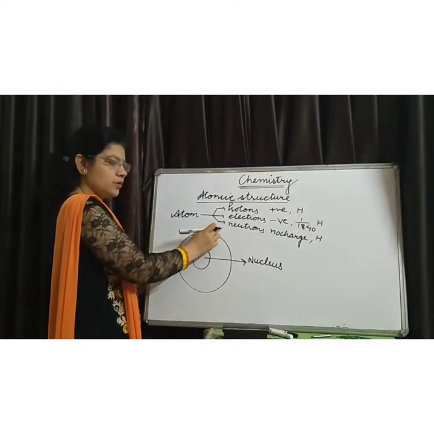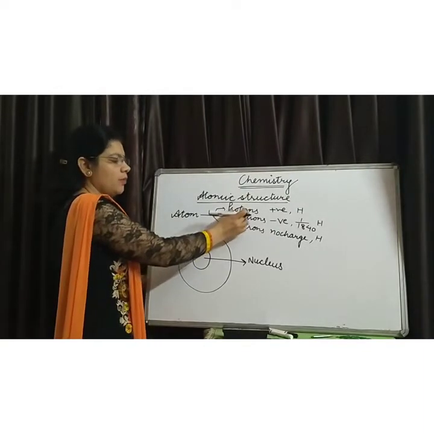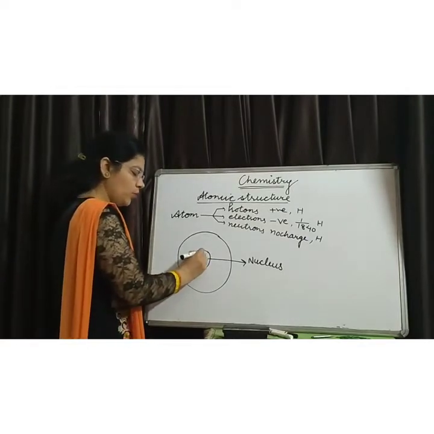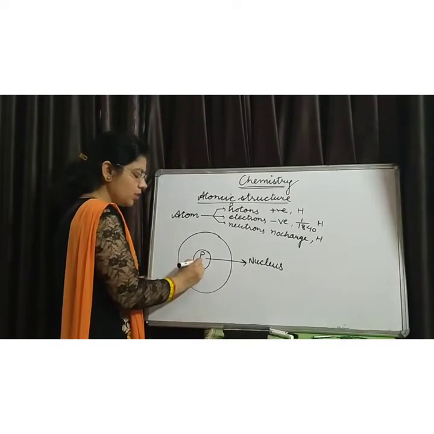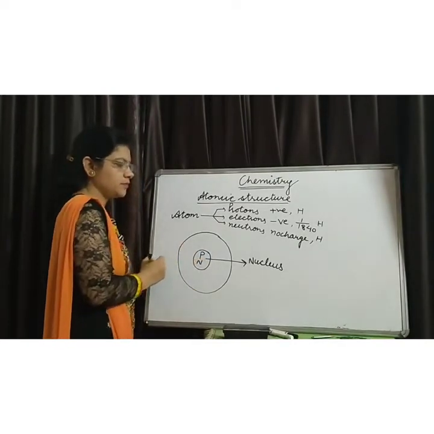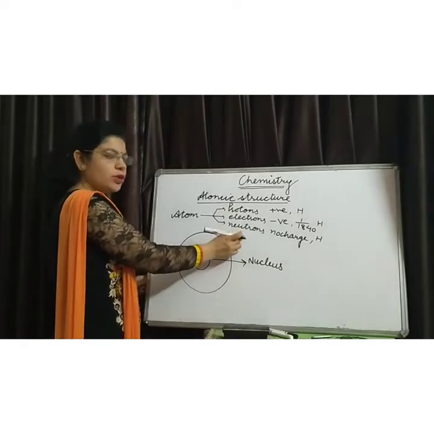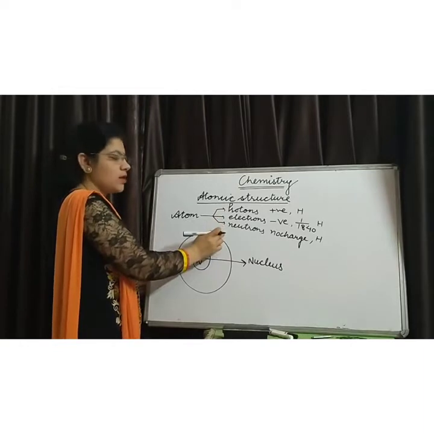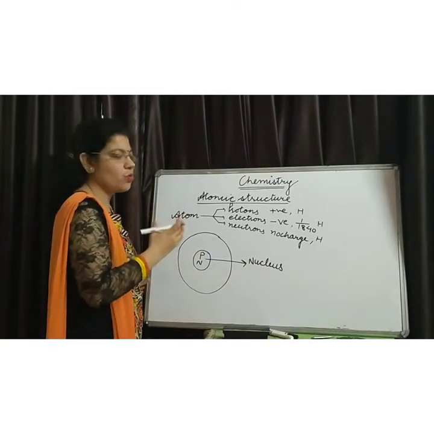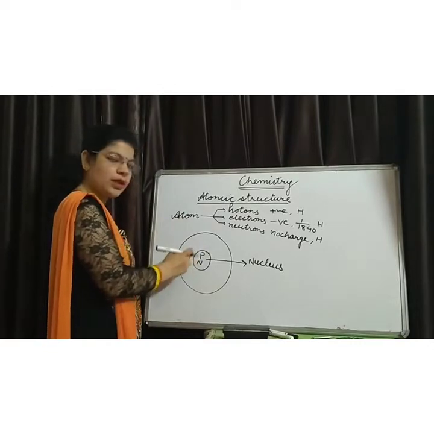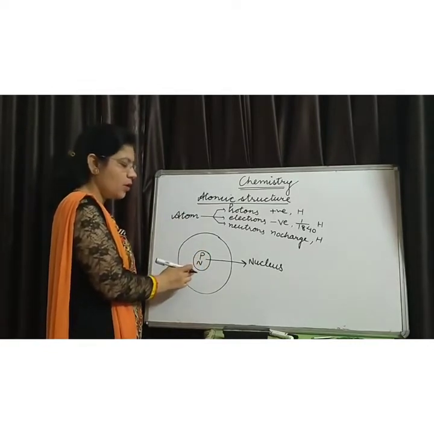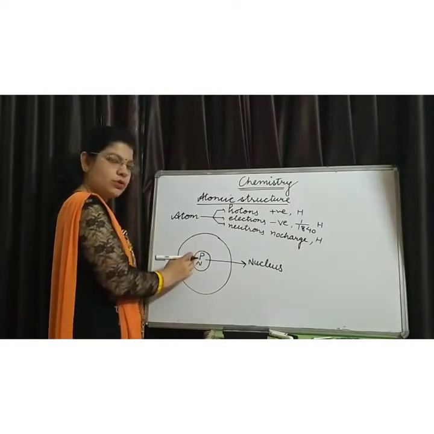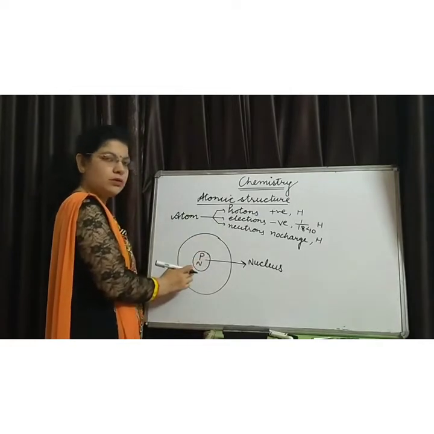As we know, the positively charged particles are protons, so in the nucleus protons as well as neutrons are present. All the protons and all the neutrons are present because these two particles have the main mass of the atom. Also, the positively charged particles are only protons. Neutrons are the neutral particles.